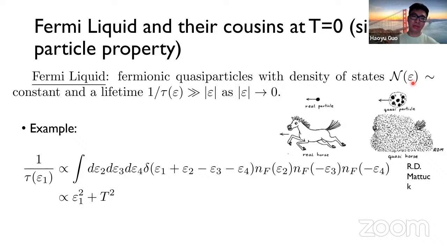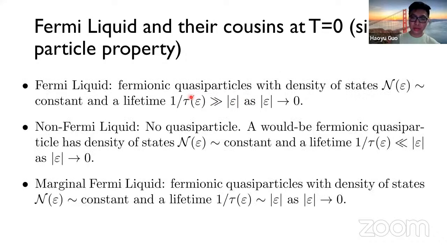I'm talking about 2+1d, so the density of states will go like a constant as the energy goes to zero. Also the lifetime of the quasi-particle should be very long, so its decay rate should actually be much smaller than the energy of the quasi-particle. Sorry, here I got it backwards.